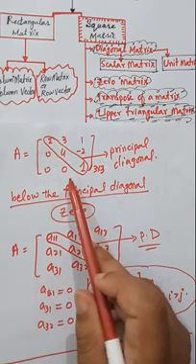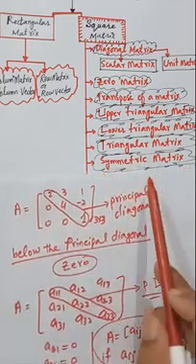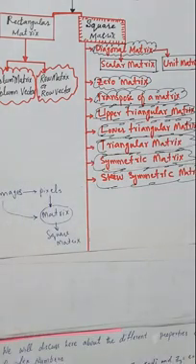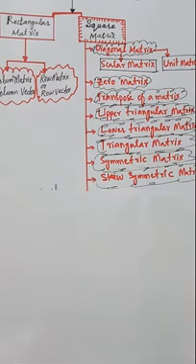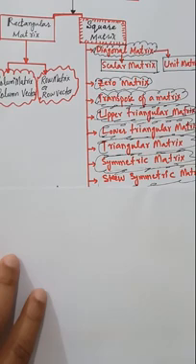So upper triangular matrices and lower triangular matrices are called triangular matrices. Here you must note an important point: diagonal matrices are triangular matrices.